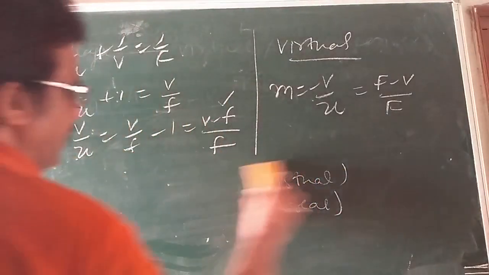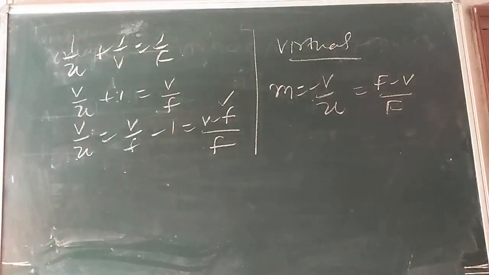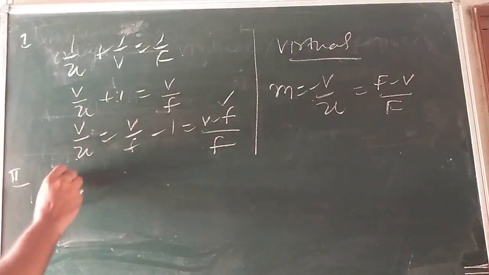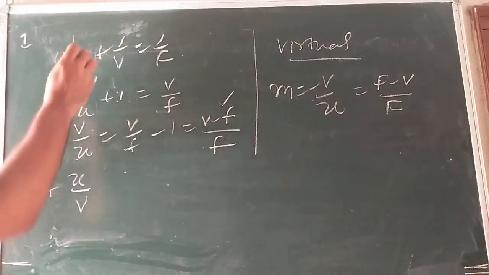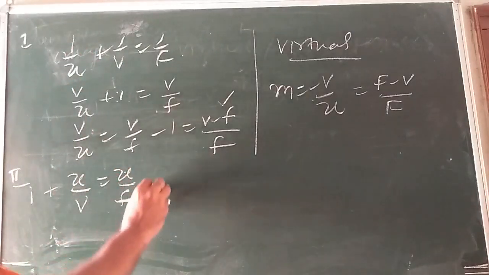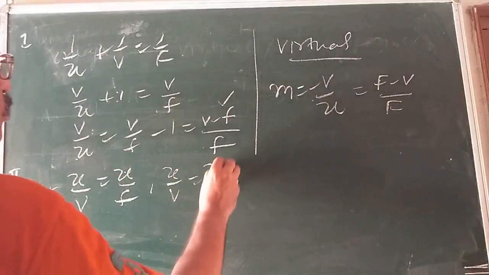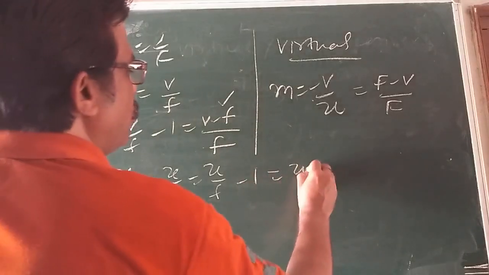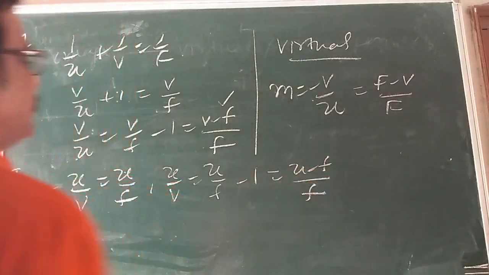Similarly, for the second case, this is the first case. For the second case, 1 plus u by v divided by u, that is u by f. So u by v comes out to be u by f minus 1. That is u minus f divided by f.